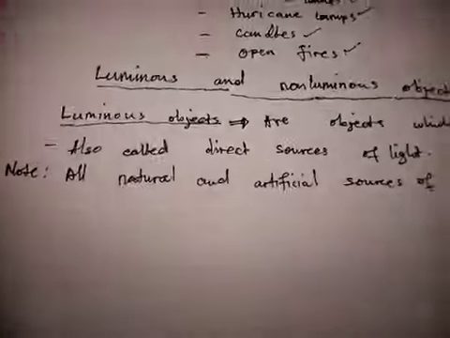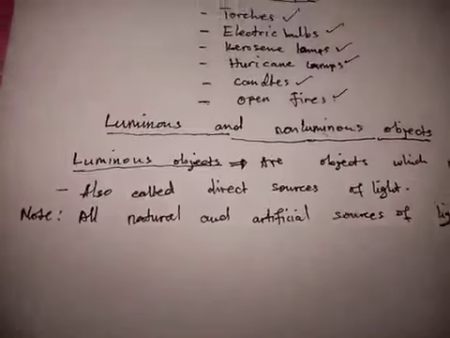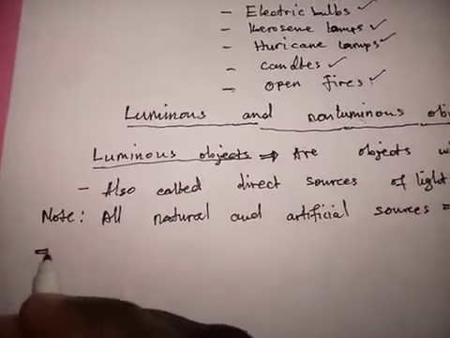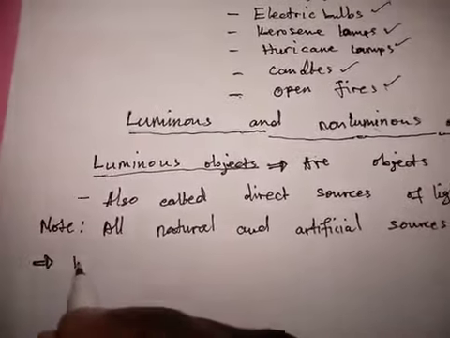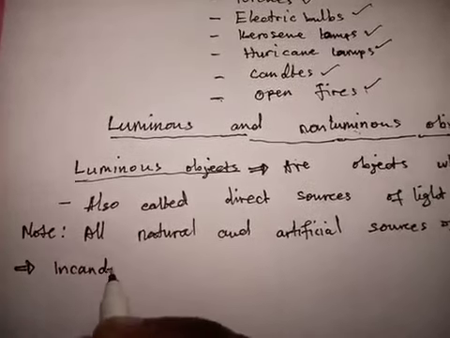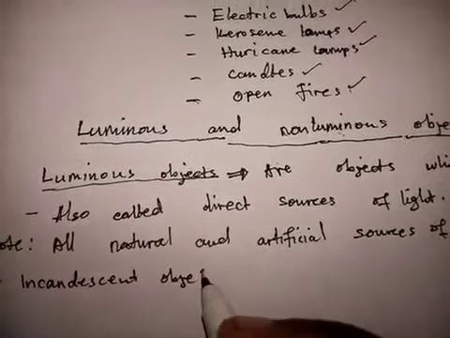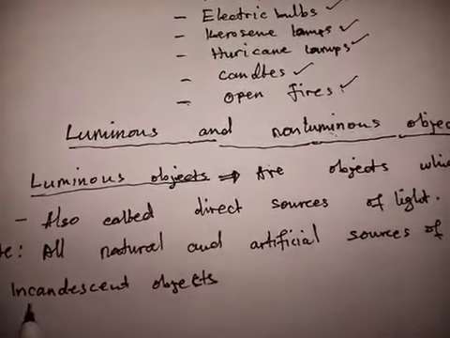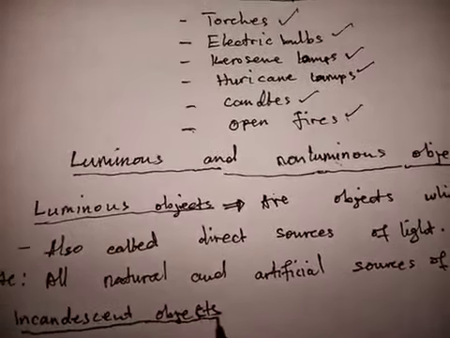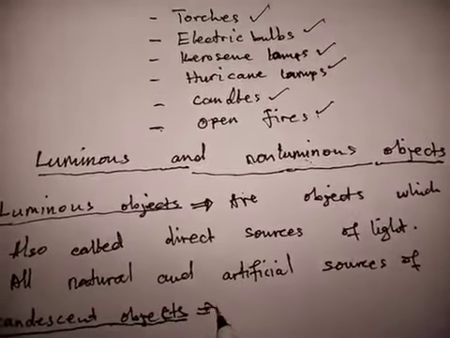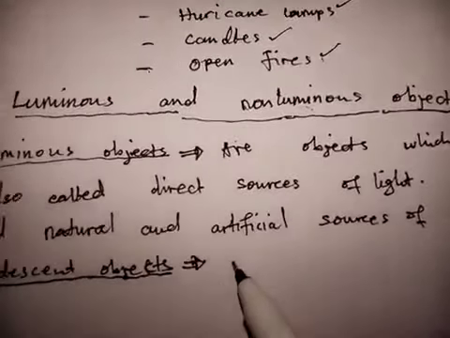Then in luminous objects, we have what we call incandescent objects. Incandescent objects are under luminous objects.